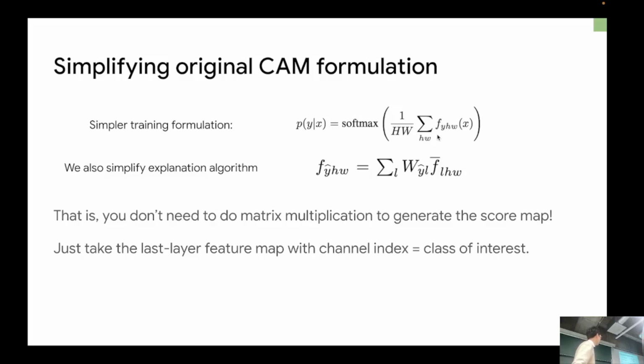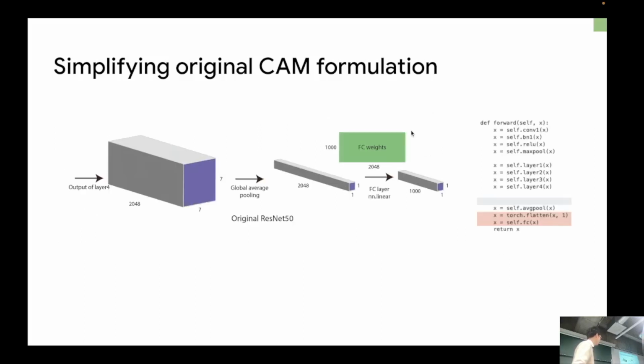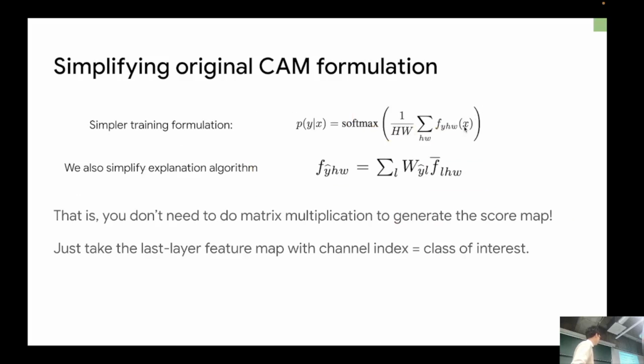If you formulate your network this way, then what CAM does is exactly just taking out the channel of interest from this feature map. By the way, this feature map now has dimension 1,000 times 7 by 7, so each channel dimension has some meaning corresponding to each ImageNet class.